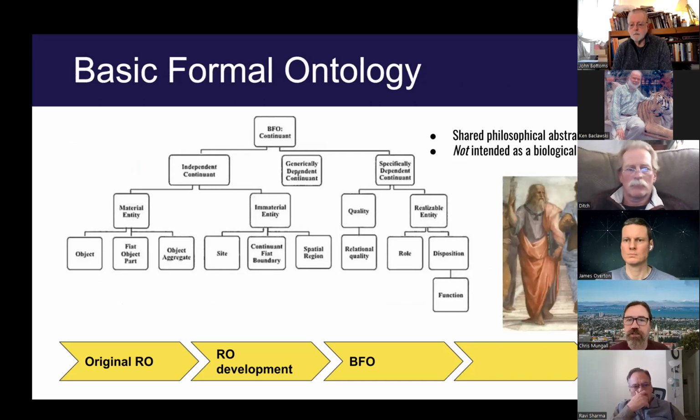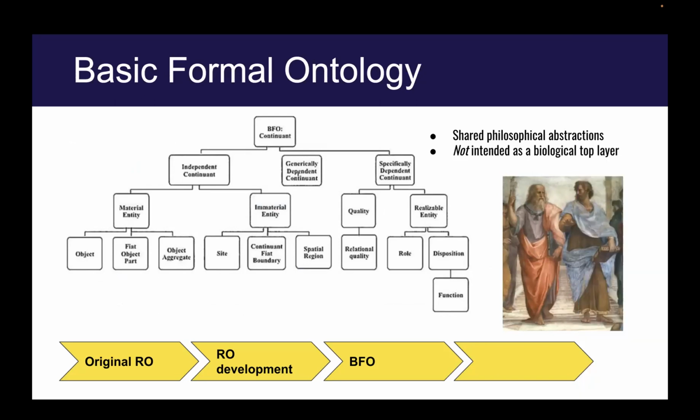I'm guessing with this crowd here, most of you are quite familiar with BFO already, but this diagram may not be up to date with the latest BFO 2, but it gives you a sense, at least, of the organization of BFO. It divides the world at the joints, you might say, into a top level of independent continuants, generically dependent continuants.